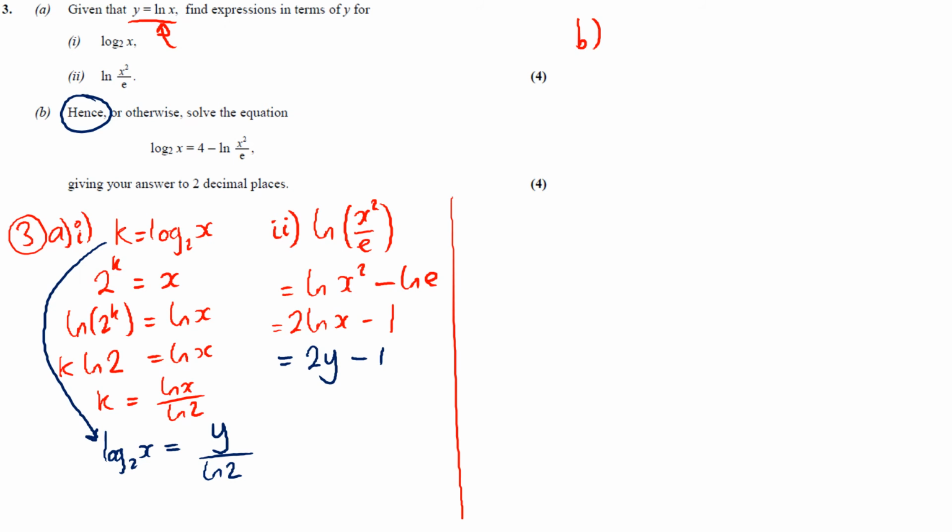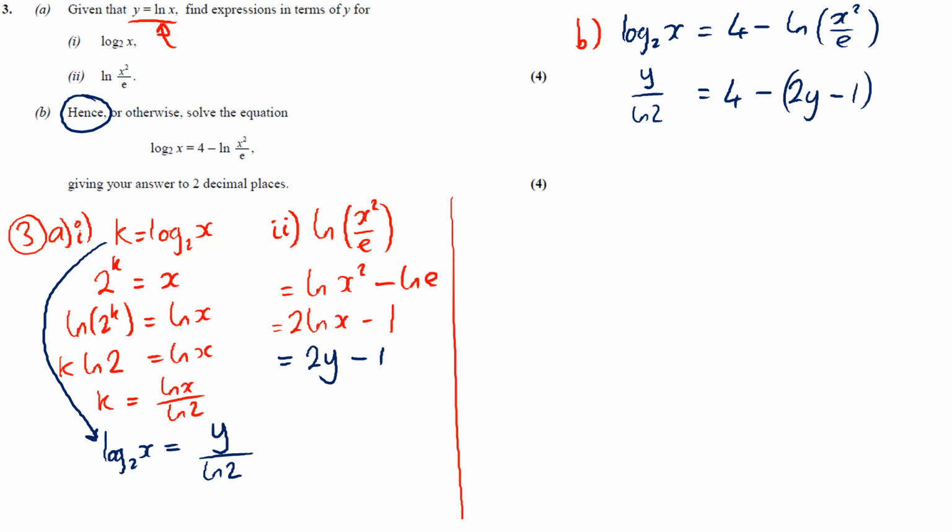Now we've got here log base 2 of x is the thing it starts with, is equal to 4 minus ln of x squared over e. And what we're going to do is swap in the things we found. So we found that this thing on the left hand side is y over ln 2, and we found this thing on the right hand side was 2y minus 1. Just be careful that that's all in a bracket because we're taking away the whole thing.